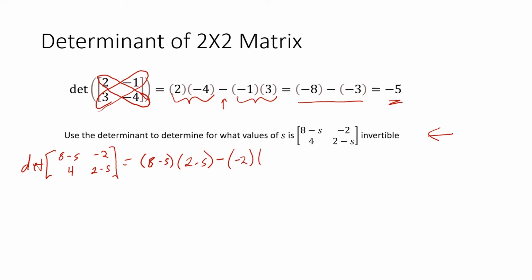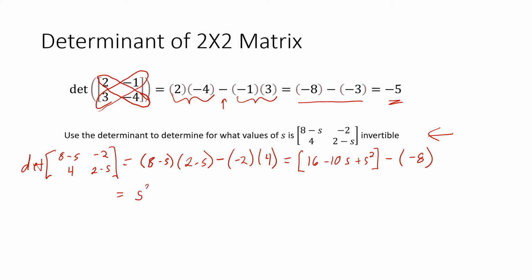Negative 2 times 4. So what do we get for that? Well, 8 minus S times 2 minus S gives us 16 minus 2S minus 8S, so it's minus 10S plus S squared, minus negative 2 times 4 is negative 8. So that determinant is equal to, that'd be 16 plus 8.